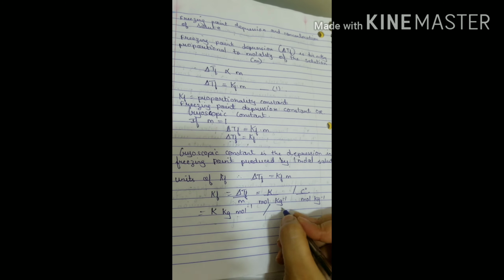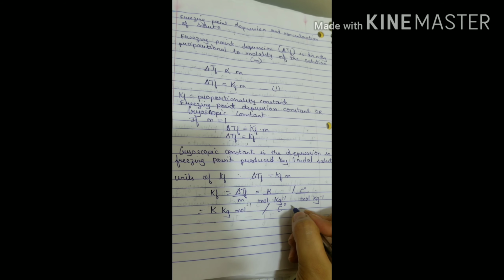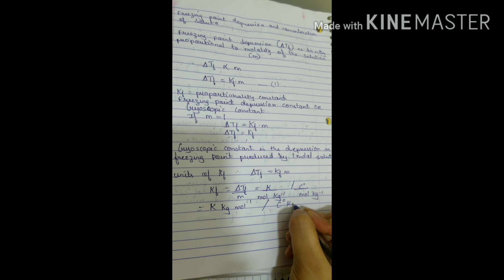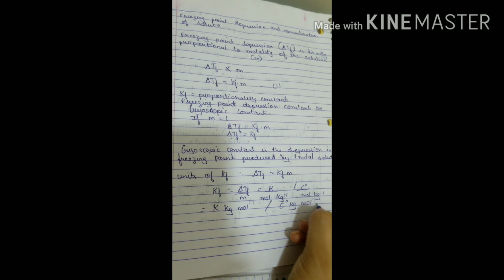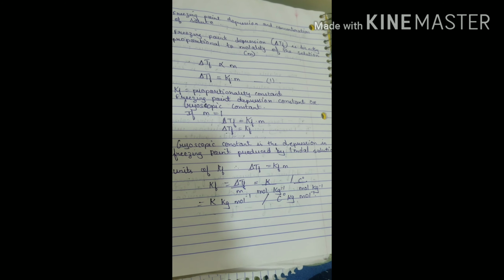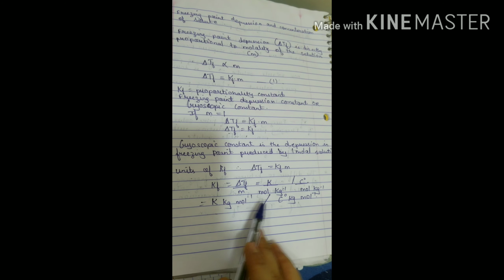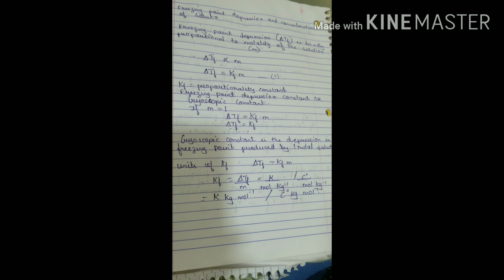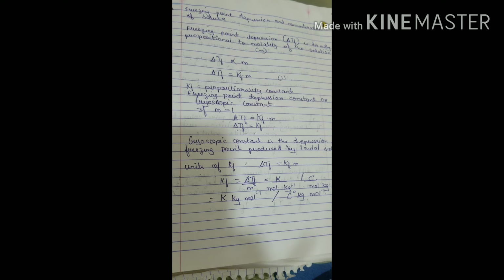Similarly, it is going to be degree Celsius kg mole inverse. So you can write it in this way or the other way around. These are the two units that I use to measure the depression in freezing point.